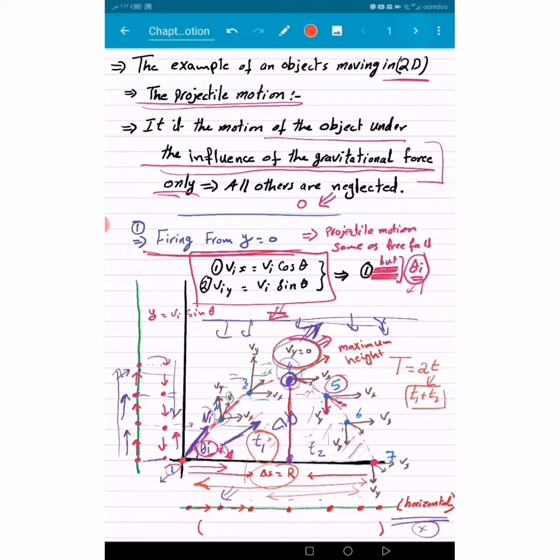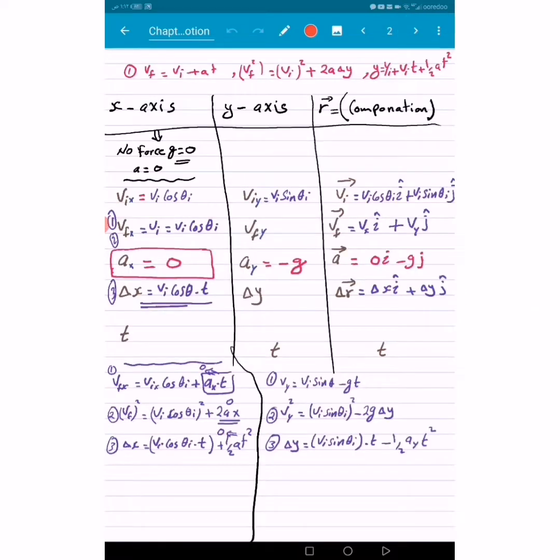So now we go through the kinematic equations. After that we can take the equations for the maximum height, the range, and the time of flight to reach the ground, or the time of flight to reach the maximum height, or from the maximum height to the ground.